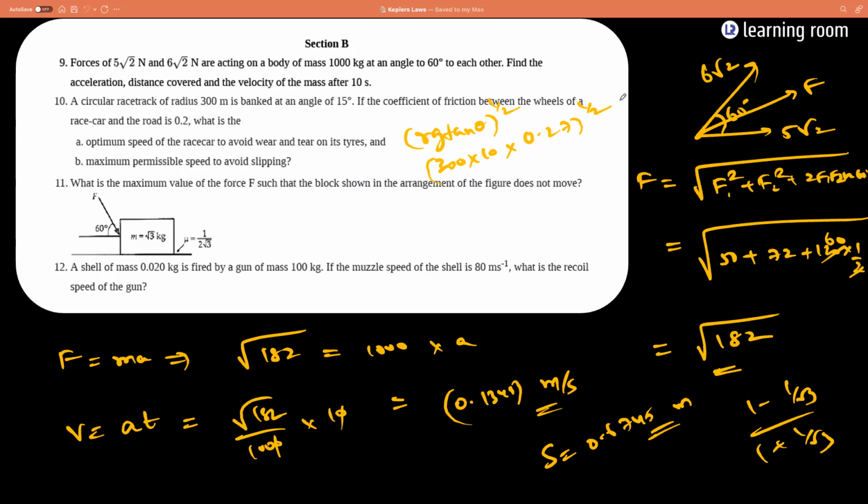So 9 into 3.3 calculated will be the required answer, close to 27 plus.